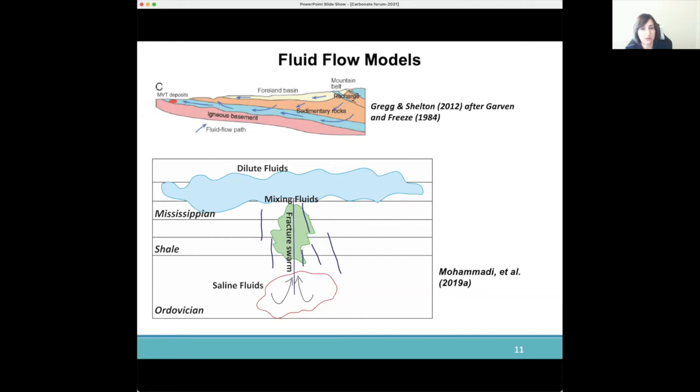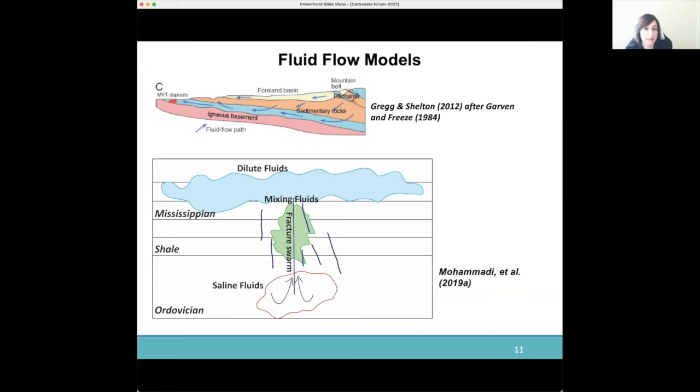Mainly I was focusing on any fractures or vugs filled with cements. Technically, in my samples in Oklahoma, I didn't see any saddle dolomites. It was there, but it was not in my samples. However, as we move up to the east side where we have the Tri-State, I observed more saddle dolomites filling fractures or vugs.